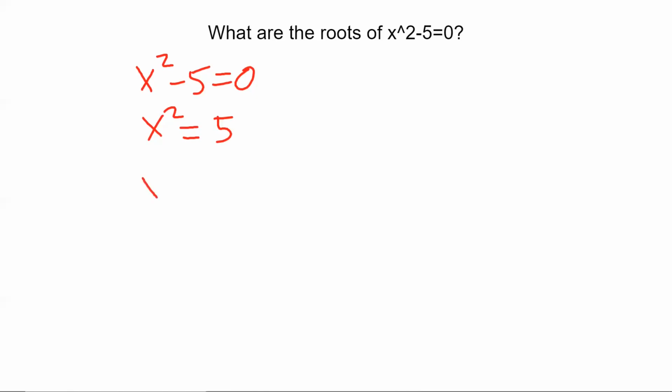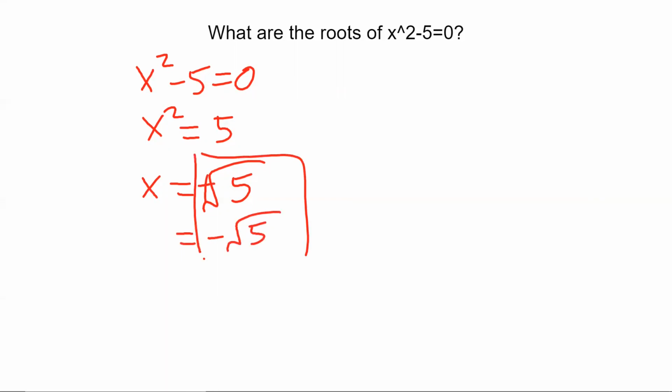And if you take the square root of both sides, you get x is equal to the square root of 5. But whenever you take the square root of an equation, you have to be careful because positive square root of 5 is the solution, but negative square root of 5 is too. So these are actually the two solutions.